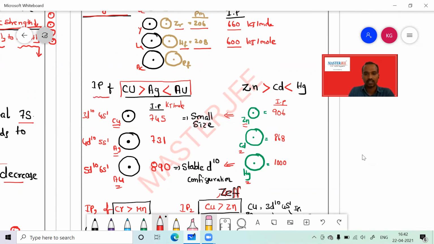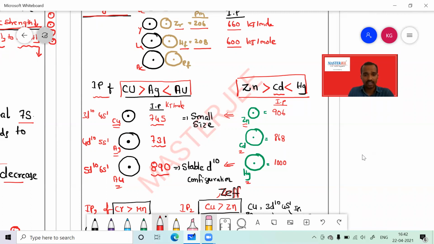Why? They will ask. And when you compare zinc, cadmium and mercury, cadmium has the lowest ionization potential. Why? What is the reason? See here, I'm explaining with some values. Copper's ionization potential is 745 kilojoule per mole, silver is 731 kilojoule per mole, and aurum is 890.